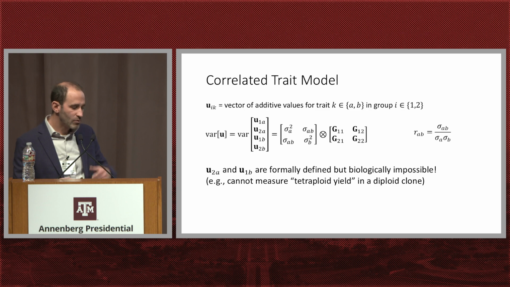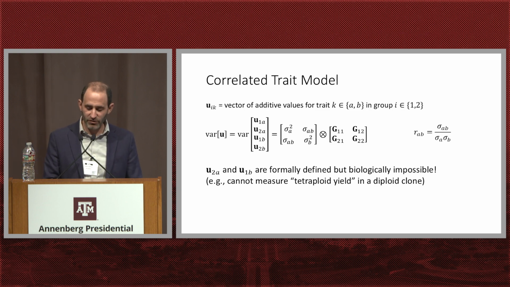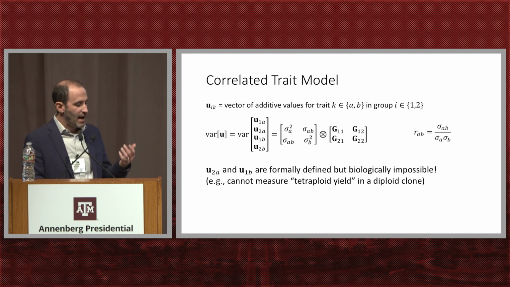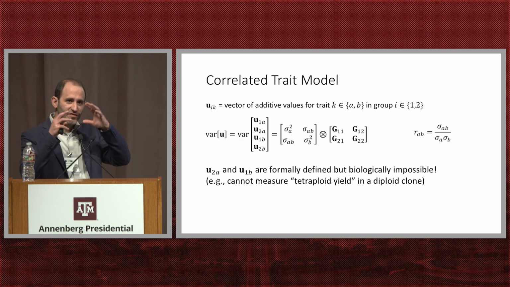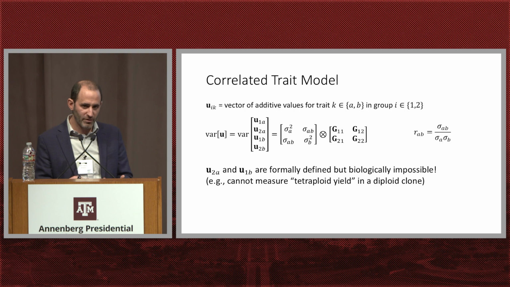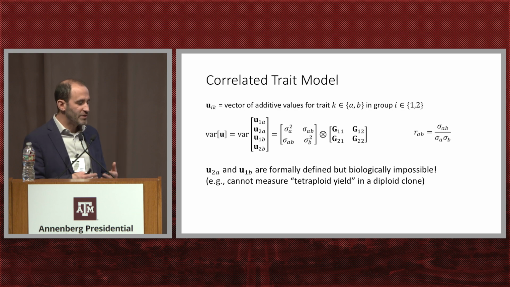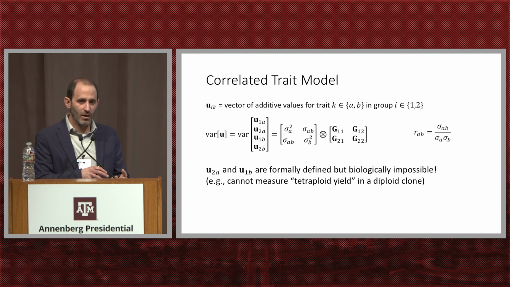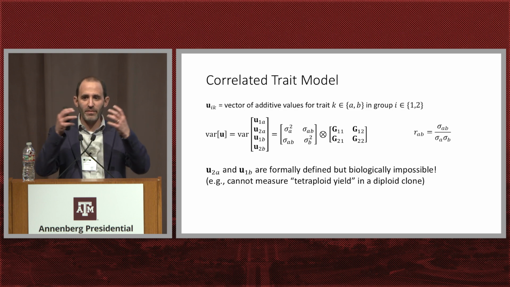Okay, one little mathematical idea for those of you who are interested in these kinds of models. We've got this structure in terms of the two groups as far as their genotypes are concerned. What about the traits? Well, we invoke a correlated trait model. The weird thing about these models is that you have to formally define the cross combinations of a trait with a group, even though it makes no sense.